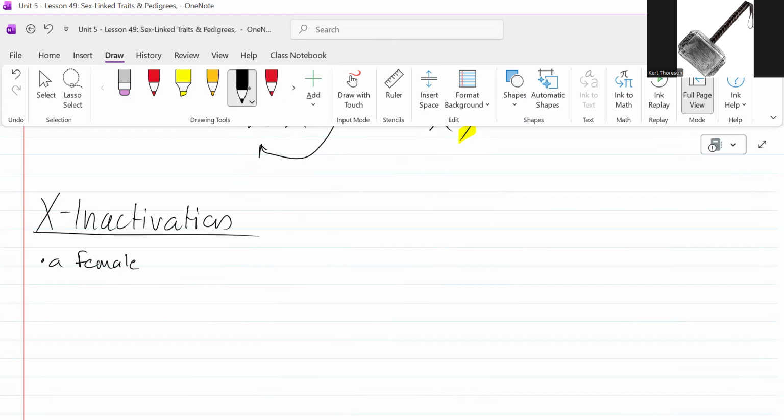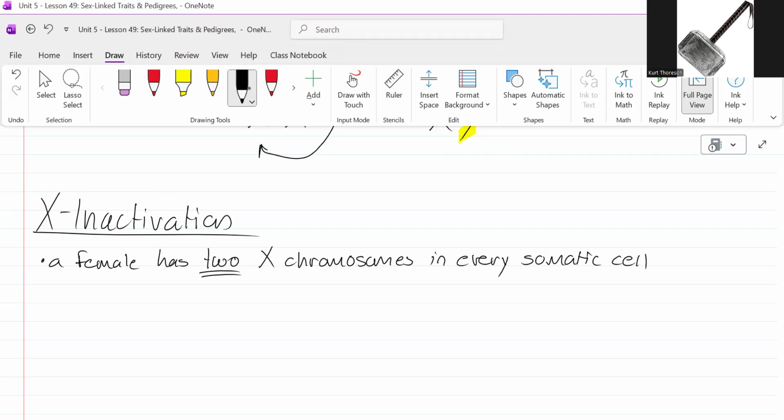A female has two X chromosomes in every somatic cell. Your mom has two, your aunt has two, your grandmother has two, your sister has two. If you're a girl, you have two. A female has two X chromosomes on every somatic cell in your body.